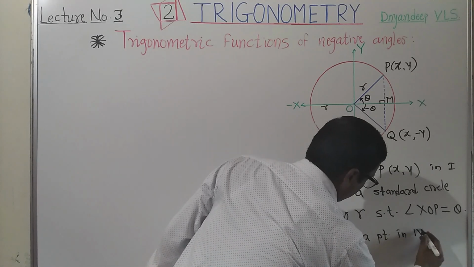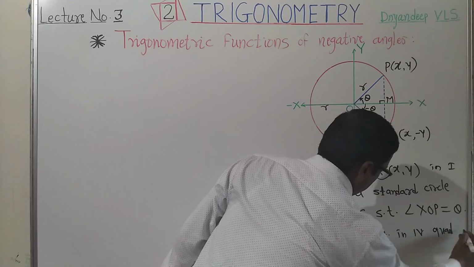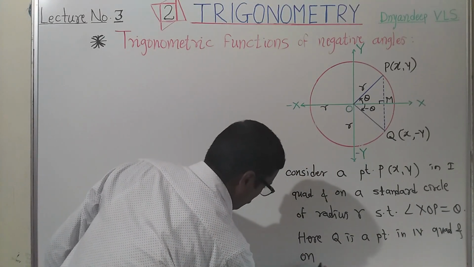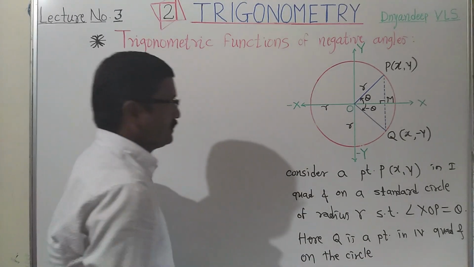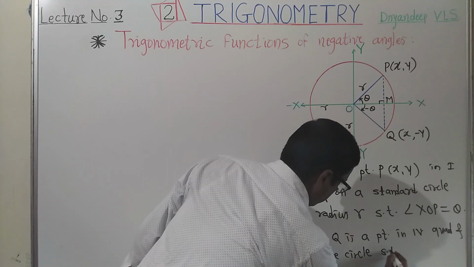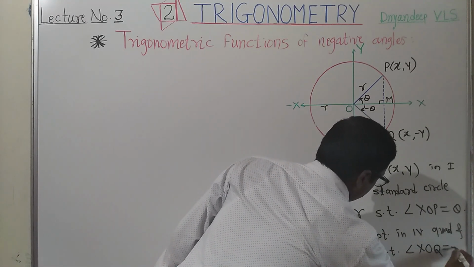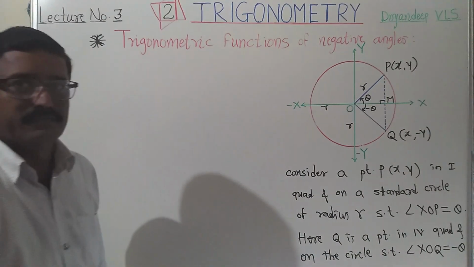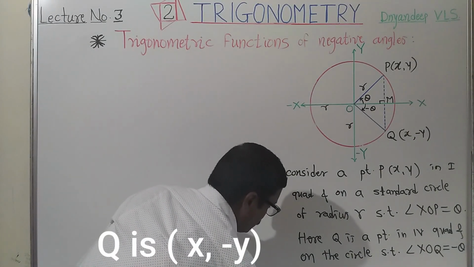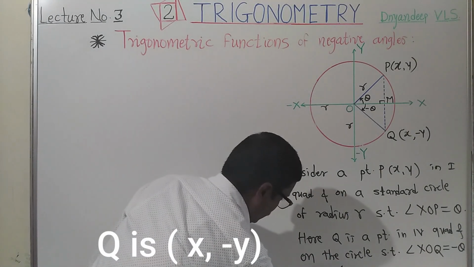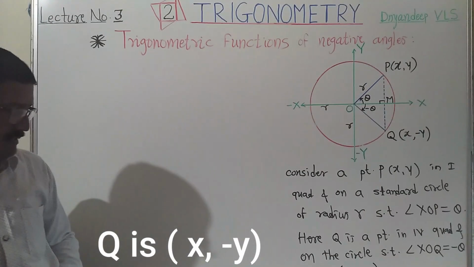In the fourth quadrant, and on the circle, such that angle XOQ is equal to minus theta. Whenever the angle is minus theta, therefore Q is plus x, minus y.